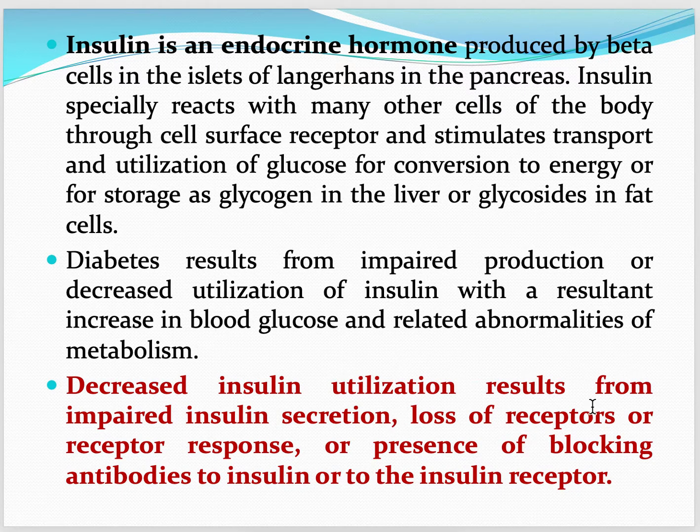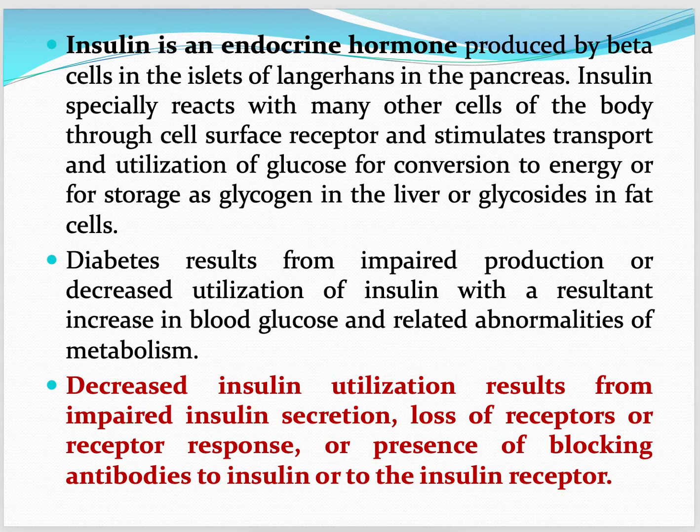Decreased insulin utilization can result from several different reasons, for example, impaired insulin secretion, loss of receptors or receptor response, or presence of blocking antibodies to insulin or to the insulin receptor. All these reasons can cause decreased insulin utilization.